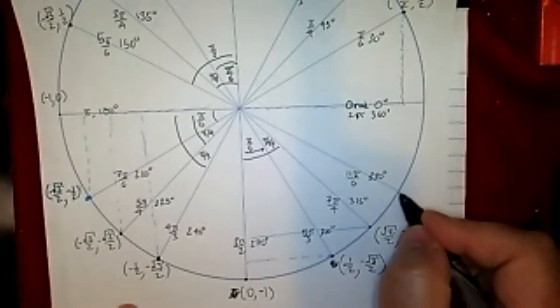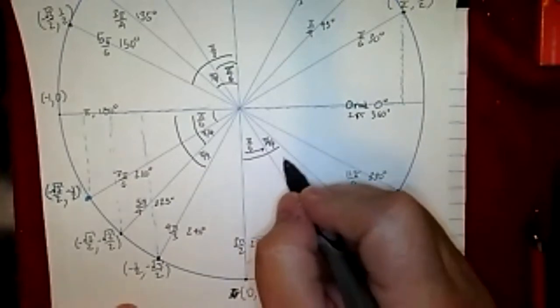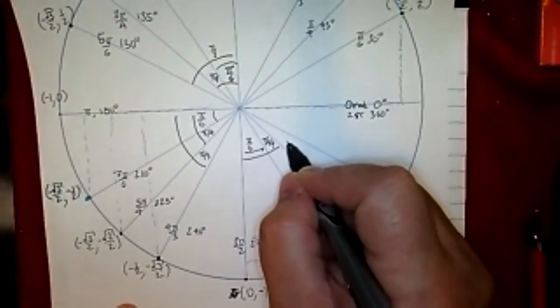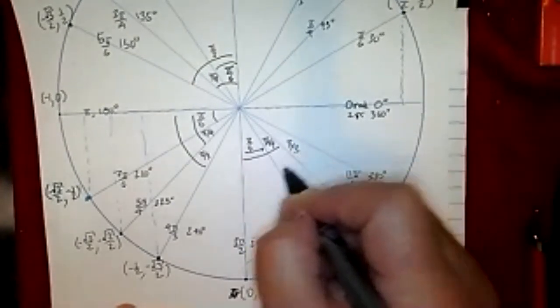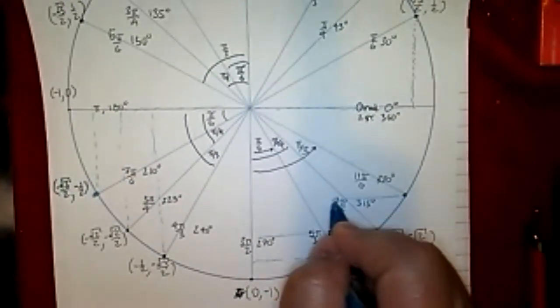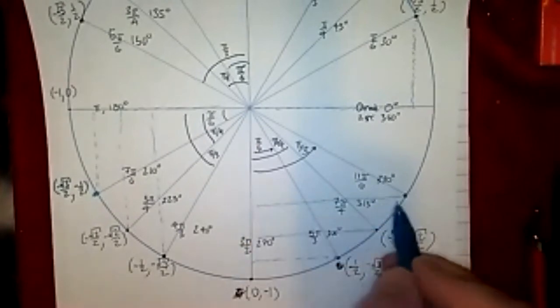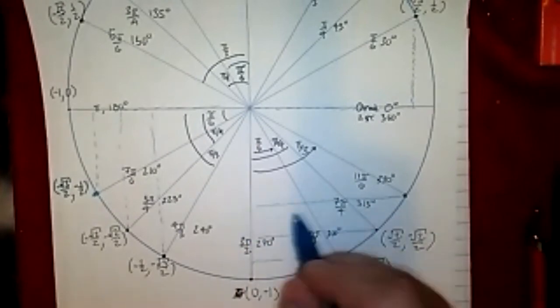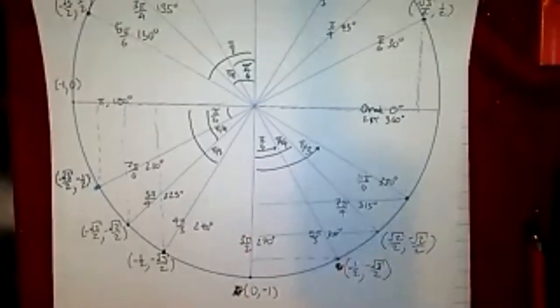So that's that coordinate. And then finally, I've got one more angle, which is pi over 3. And that spreads all the way over here. So that's a 60-degree angle. And I think you can see this triangle has sine returning the x value and cosine returning the negative of the y value.